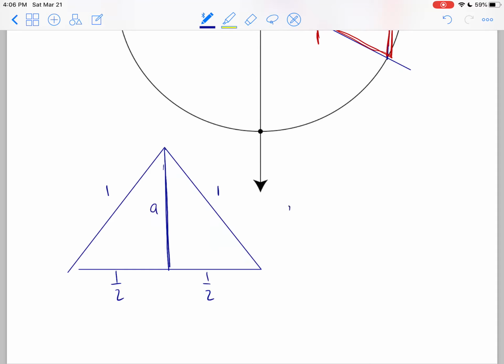Let's call this a. We know that a squared plus b squared is equal to c squared. And so that means a squared plus 1/4 is equal to 1. So that means that a squared is equal to 1 minus 1/4, which is 3/4. And so a is equal to the square root of 3 over 2.